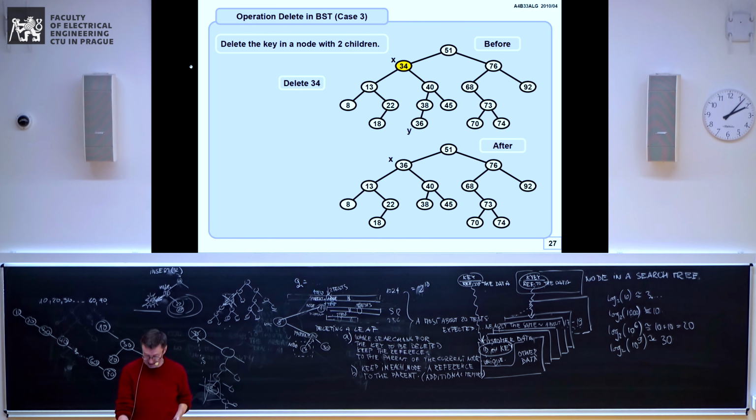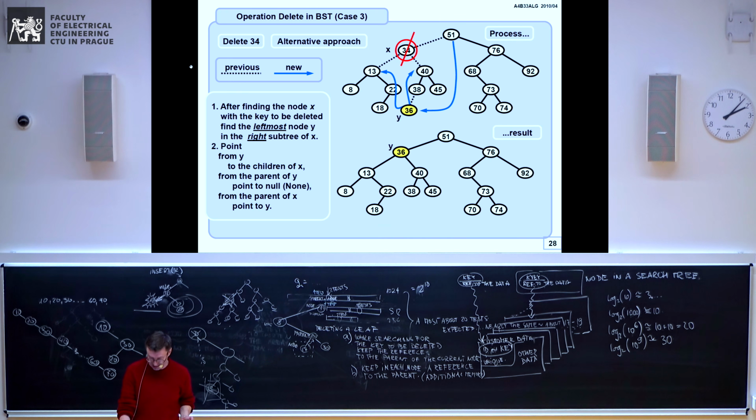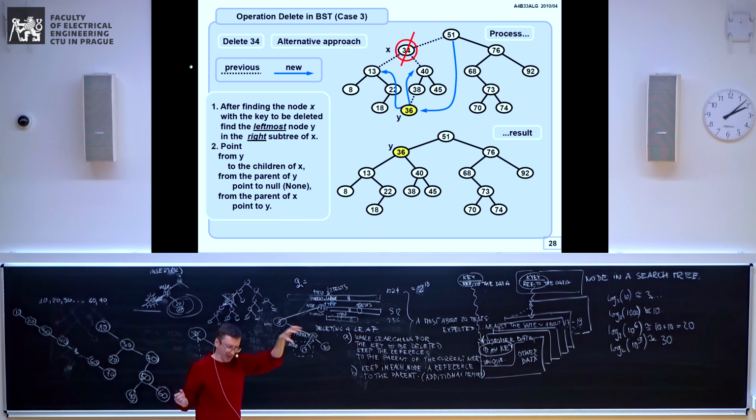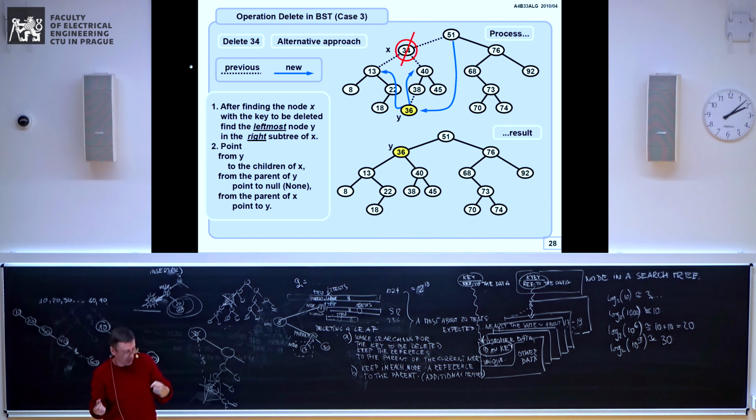So there it is. Now there is another alternative approach to the problem, which says, okay, we don't want to shift the values from one node to the other. We don't want to remove the key from the node and put it into another node. Maybe for some reason, once a key is in the node, it sits in that node. It cannot be moved out of the node anywhere.